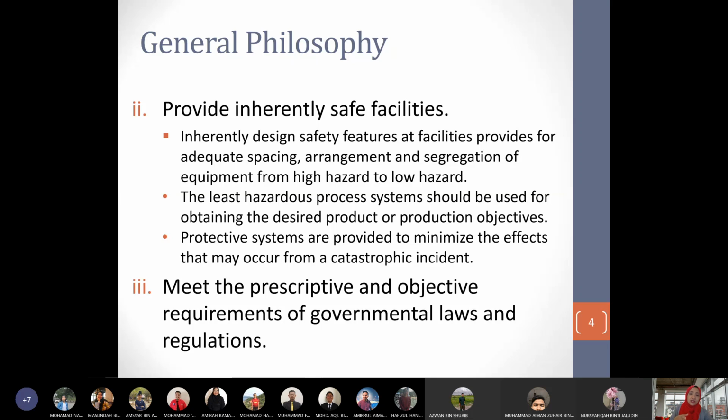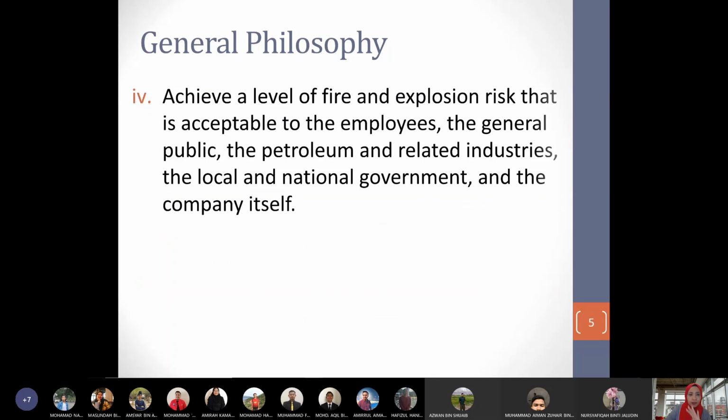Now, the third objective is to meet the prescriptive and objective requirements of governmental laws and regulations. There are always laws and regulations that you have to obey and follow in operating in industries. Now, the fourth objective is to achieve a level of fire and explosion risk that is acceptable to the employees, to the general public, to the petroleum and related industries, as well as to the local and national government and the company itself.